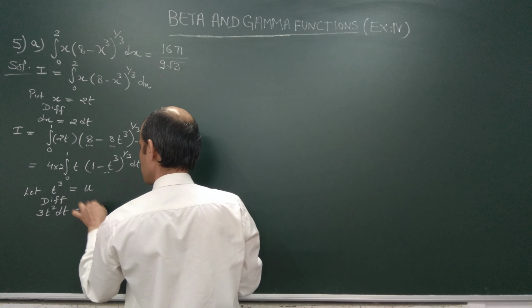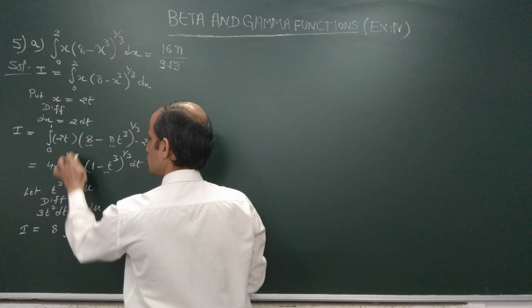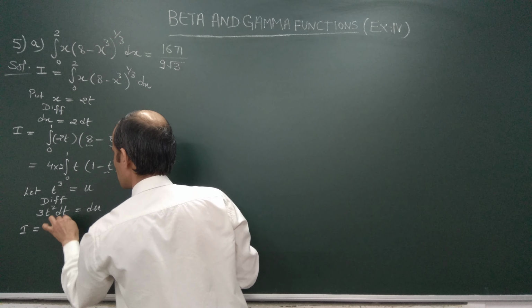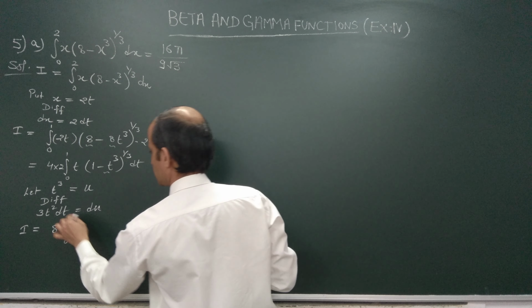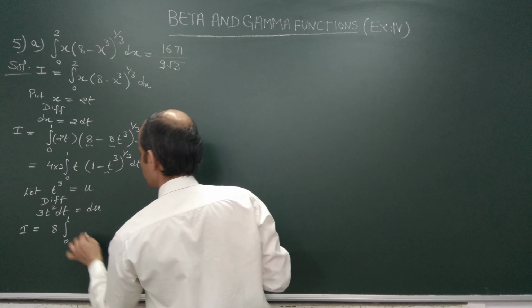So integral I will be 8, no change in the limit, 0 to 1, t into (1 minus t cube, which is u) whole power 1 upon 3 dt. From this we put dt equal to du upon 3t square.